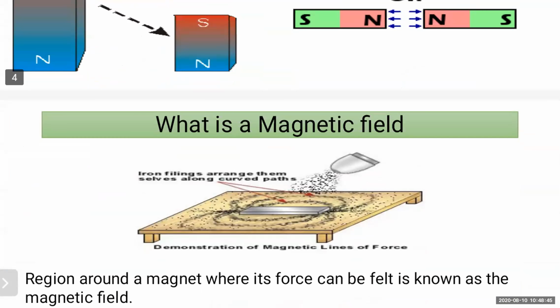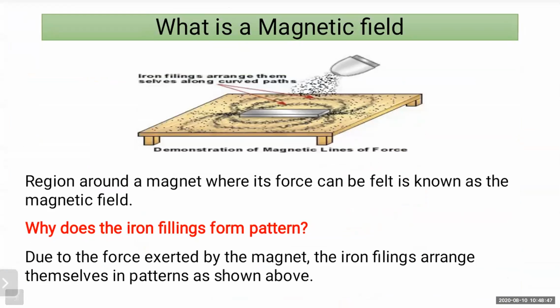Okay, now we know about what is the magnetic field and what are the magnetic lines. So what is exactly the magnetic field? How to create it? Now look at that figure. It shows the magnet in the center, on the cardboard.